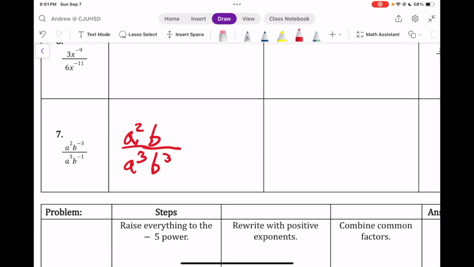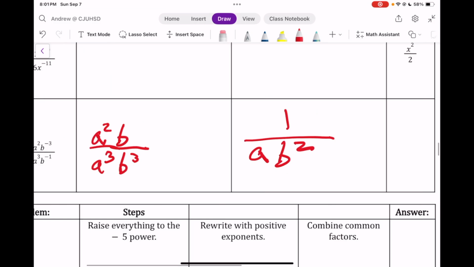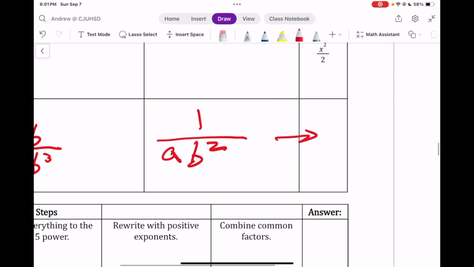If there's more a's on the bottom, then the answer is going to stay on the bottom. So a to the third, that'll be a to the 3 minus 2. Just end up with a on the bottom. b to the 3 on the bottom with b to the 1 on top. That would be b to the second on the bottom. Well, what happens to the top? It's a 1. And that's my answer right there.